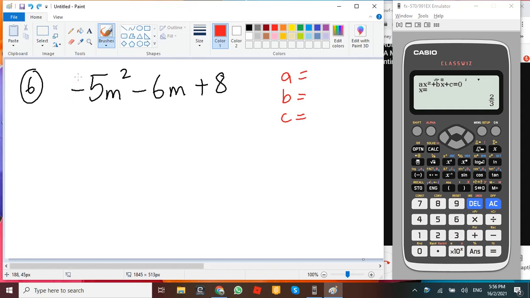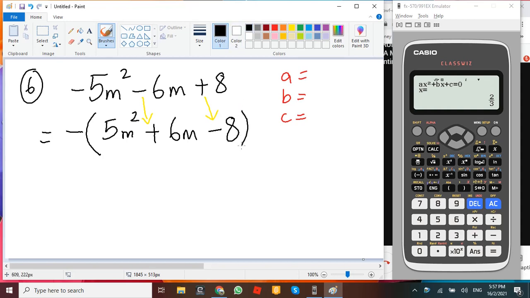So what we do here, we factorize the negative first. In the bracket, we write positive 5m squared, and then this negative here we change to positive 6m. This positive also we need to change, so from positive we change to negative 8.